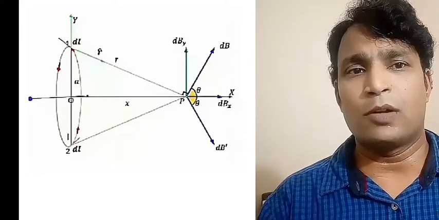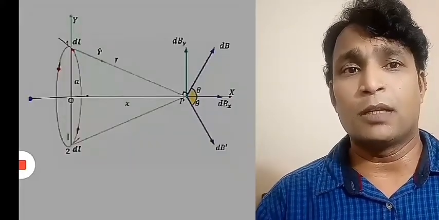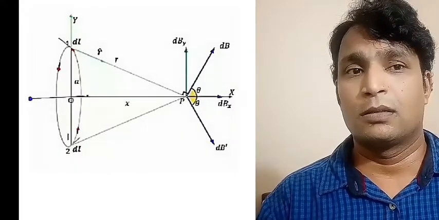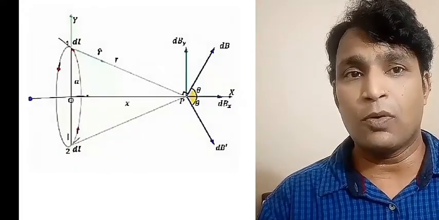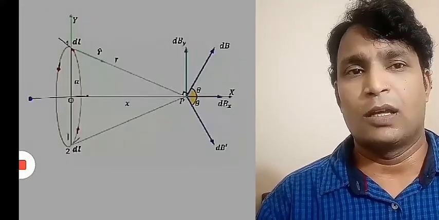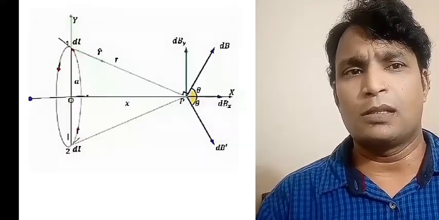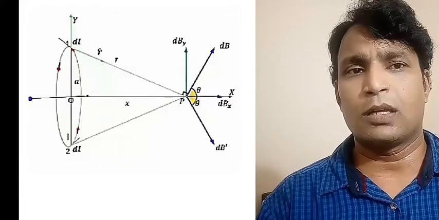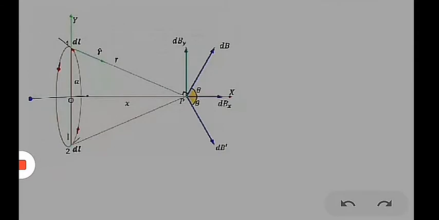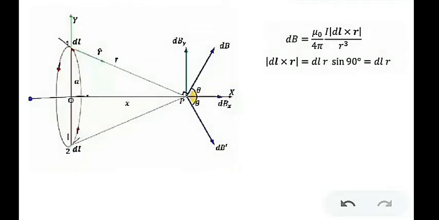From Biot-Savart law we know that the magnetic field due to current element dl at a distance r is mu naught upon 4 pi, I dl sin theta upon r square, and in vector form dB equal to mu naught upon 4 pi I dl cross r upon r cube.